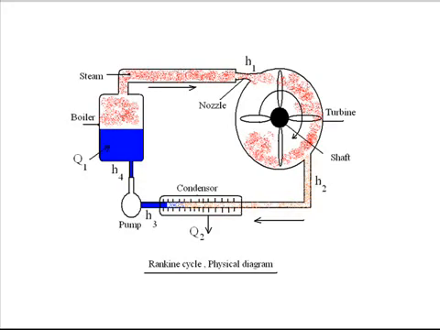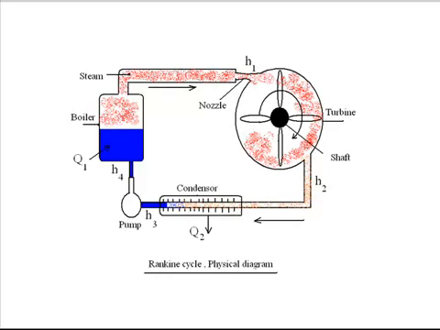You can see that inside the casing there are blades which are rotating about an axis, that is the shaft. This high velocity steam strikes the blades of the turbine, so it starts rotating the turbine shaft, because the blades are mounted over the shaft of the turbine.